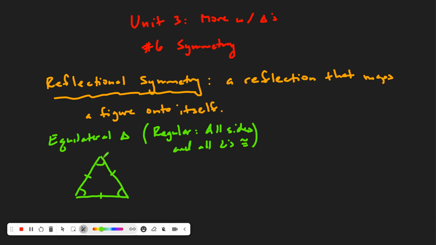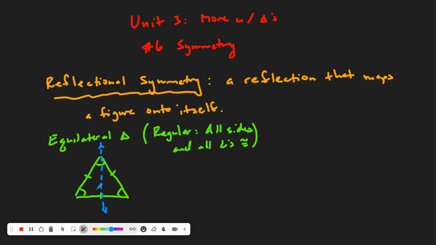If we take a look at this equilateral triangle, can you fold it onto itself so that you'd create a crease through it? Hopefully you can see that this line, going straight down through that top angle, is going to fold this in half. If I were to take the triangle and flip it around that line, it would just become itself again. So that's one line of symmetry.